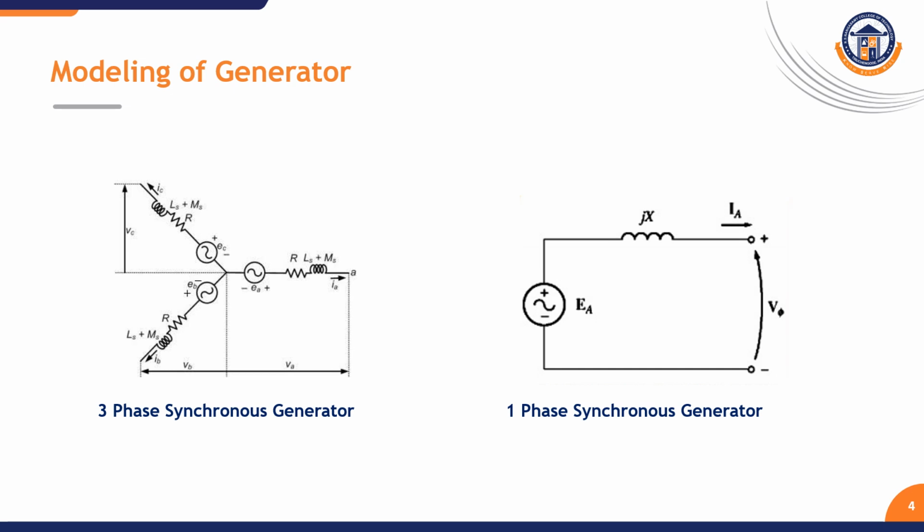The current IA comes out from the generator, and the load voltage is V phase, which is given to any motor or, in a power system network, to transformers. So the modeling of generator is the equivalent circuit of a synchronous generator with components EA, jX and RS, where RS is neglected.